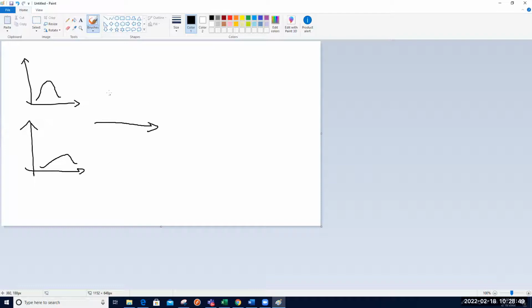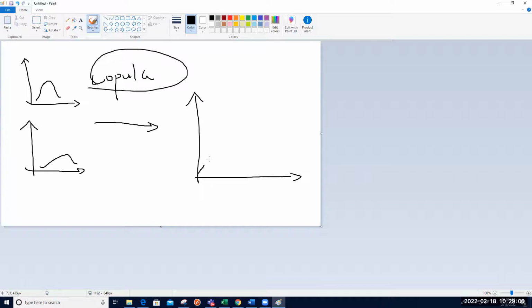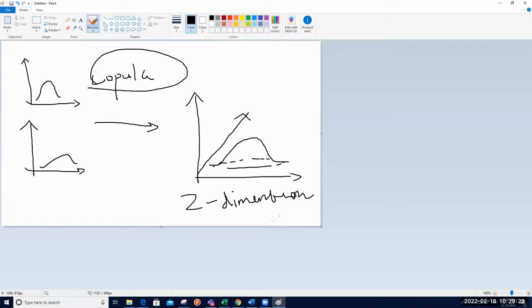You need to use a copula. This copula is varying. Sometimes it's Clayton, sometimes it's Gaussian, to stick the two marginal distributions into a joint distribution. This is two-dimensional. Okay.